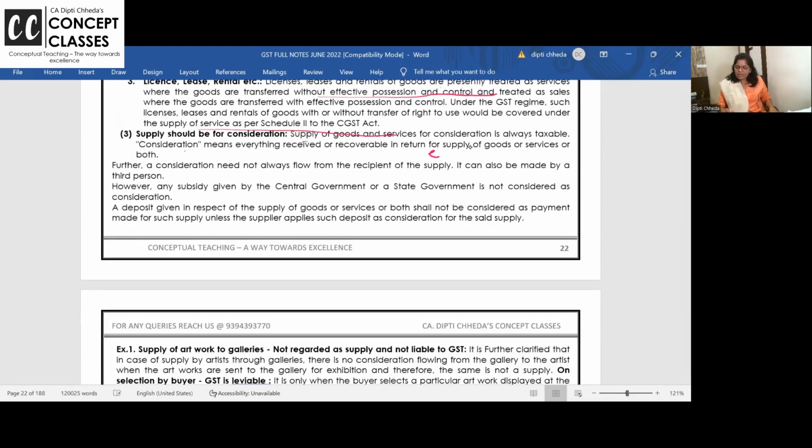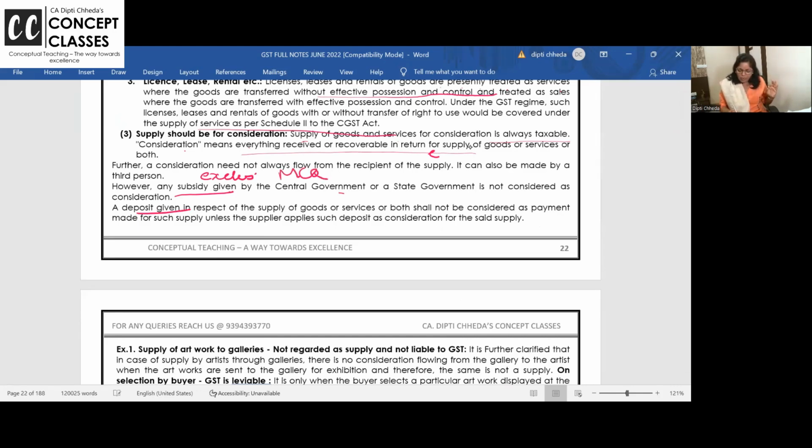Supply should be for consideration. Consideration means everything which is received. We have seen the consideration. However, most important, star marked: consideration excludes subsidy received by the central government.